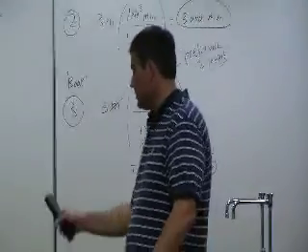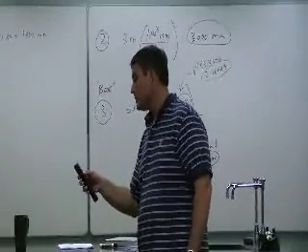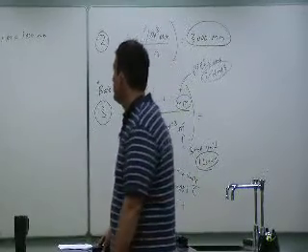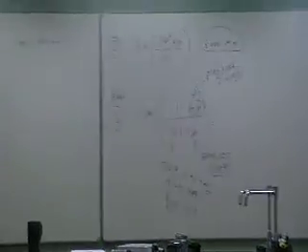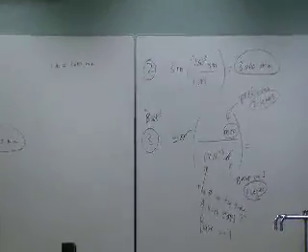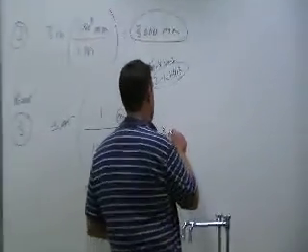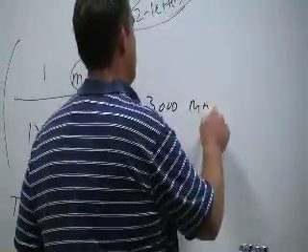And then, let's turn this thing on. Oh, I hear it. Okay. So, what do you guys get when you type in 3 divided by 1 times 10 to the negative 3? 3,000 millimeters.